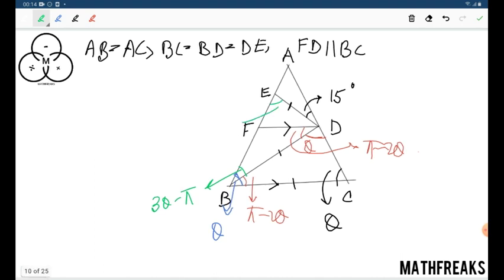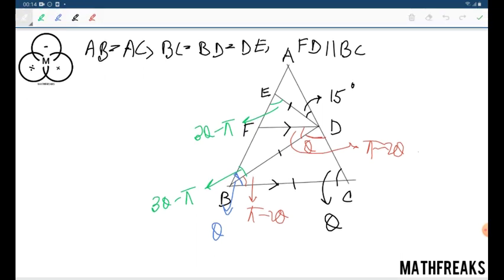Then this part is also 3 theta minus pi. Now what about angle A?